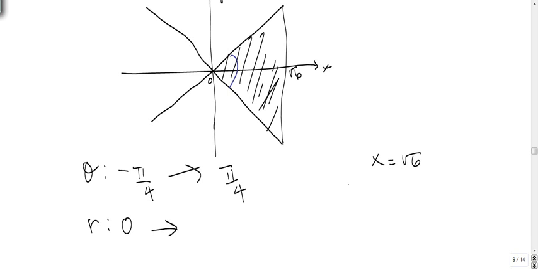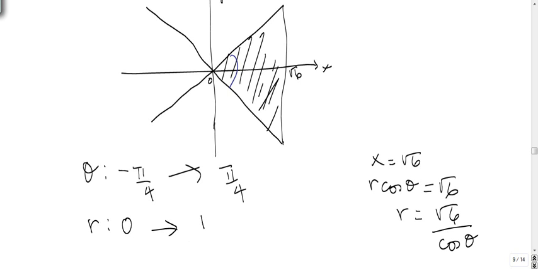Good? But in polar coordinates, what is x? X is r cosine theta, right? So from this, r is square root 6 over cosine theta. And so r goes from 0 to square root 6 over cosine theta.